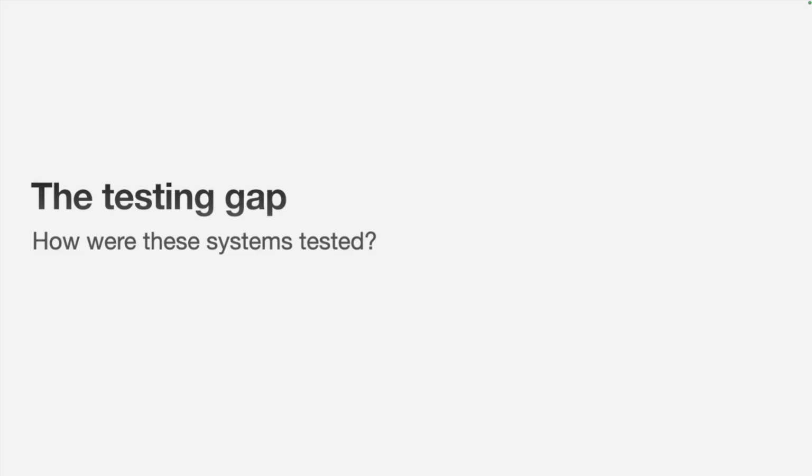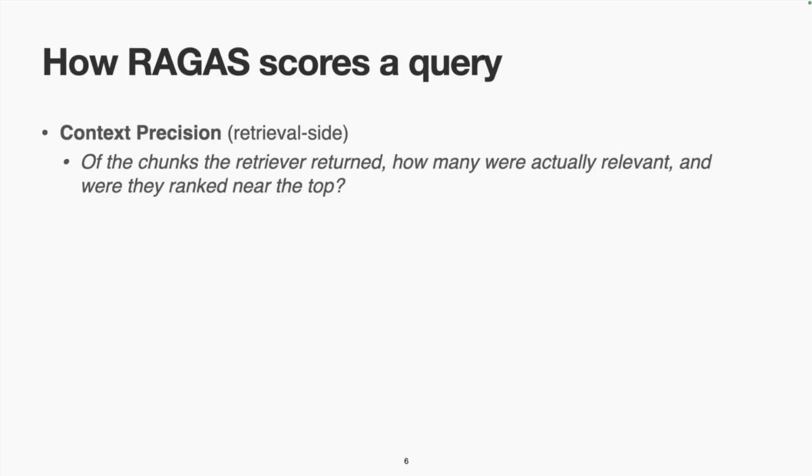Now we have this kind of system along with large language models. But how have they been tested so far? My answer is that they have been mostly evaluated, not tested. For example, there is a very famous metric that evaluates RAG-based LLM systems called RAGAS, and it just scores the query.